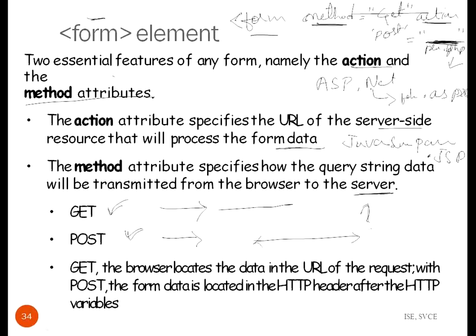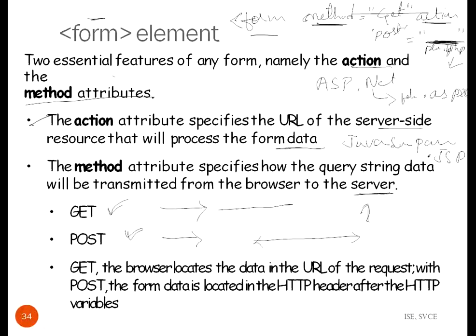If the file name is .jsp, it is a Java Server Page, meaning the code is written using JSP. Similarly, if it is .php, you have written the code in PHP. Like that, the file name followed by the corresponding extension should be specified, and that particular program is going to process the form data.